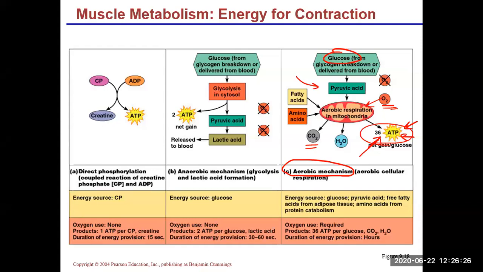So the system changes to the anaerobic mechanism. In the anaerobic mechanism, you can produce a lot of lactic acid. Again, I'm not going to go over the mechanism of it, but it can acidify the blood. That's not a good thing. But you can get some ATP from it.